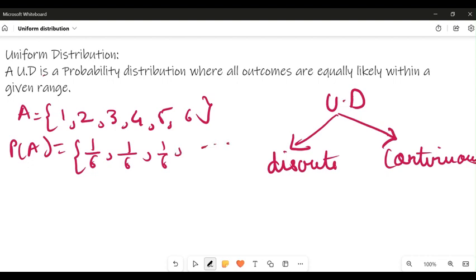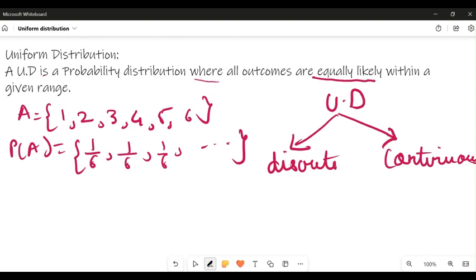So you will get the same values. This type of distribution, where all outcomes are equally likely within a given range, is said to be a uniform distribution. The example that I've given is said to be a uniform discrete distribution, UDD.